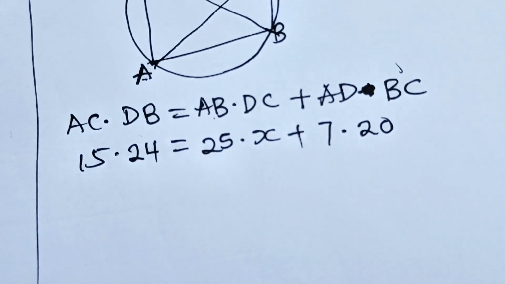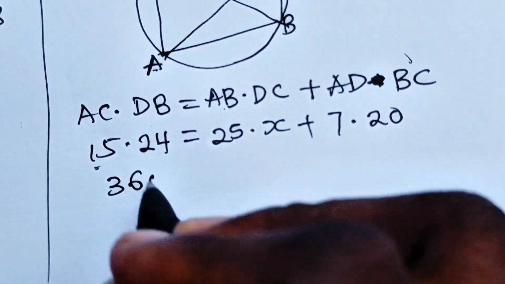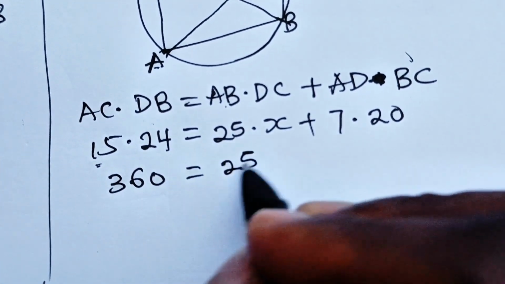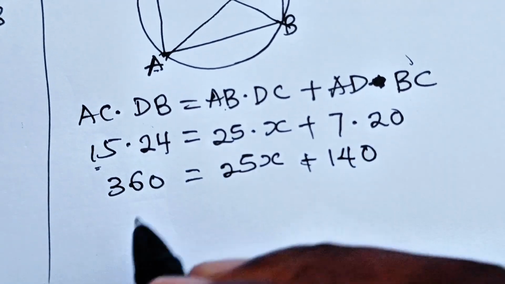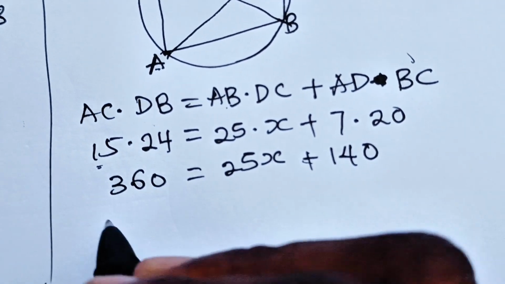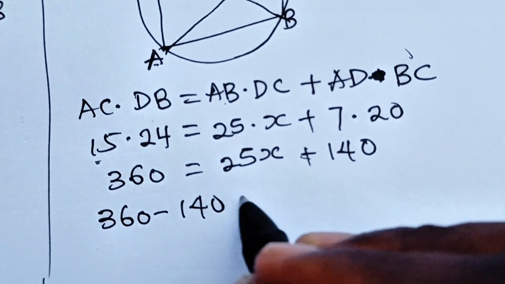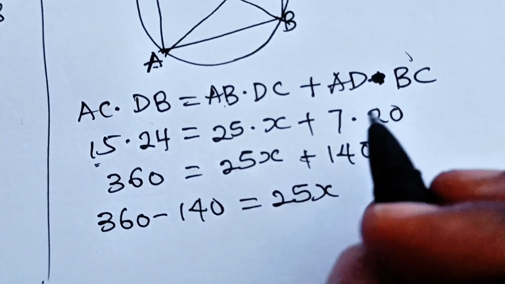Okay, so if we solve further, we have 15 times 24 is 360, is equal to 25x plus 140. So subtract 140 from both sides. We have 360 minus 140 is equal to 25x.